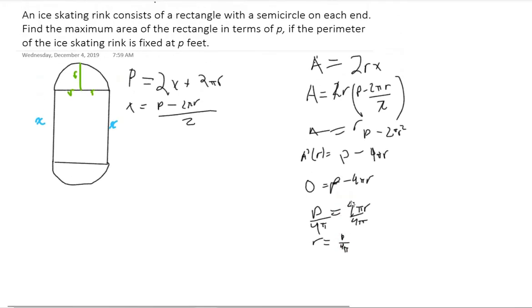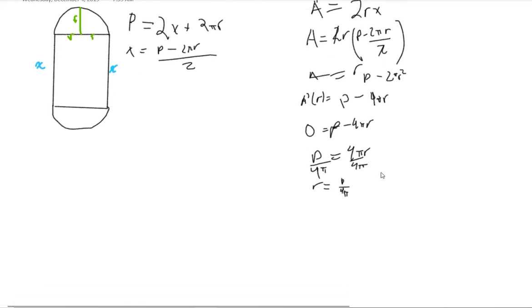And so we have x in terms of p and r in terms of p. So now we can just plug this back into our equation right here. This one, because this one only has r's and p's, and so we can get rid of all the r's and replace them with the p's.